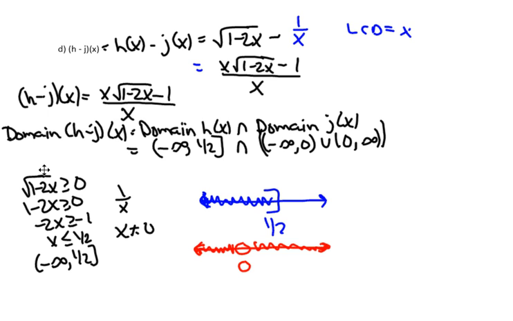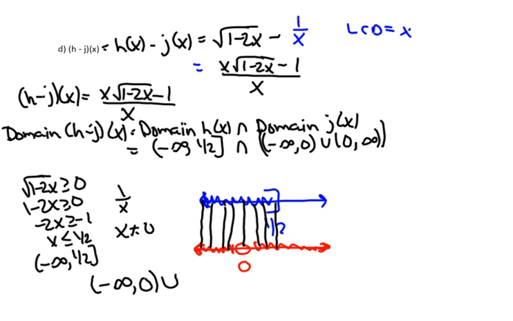Now remember, for the intersection, it's got to be in both the red and the blue. So it's very easy to tell at the beginning from the left-hand side, they both go to negative infinity. Included, included, included, not 0. So part of this domain is going to go from negative infinity to 0, but I cannot include 0 because it's not in the red. Now, where else do they intersect? Here, here, and stops at 1/2. So, union 0 to 1/2.